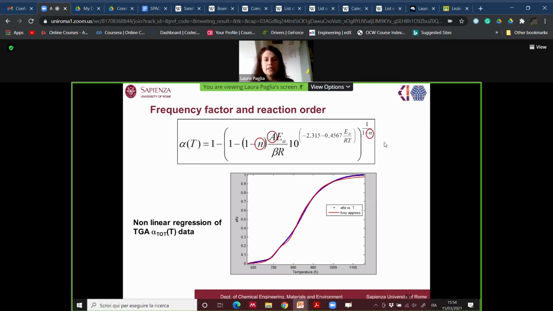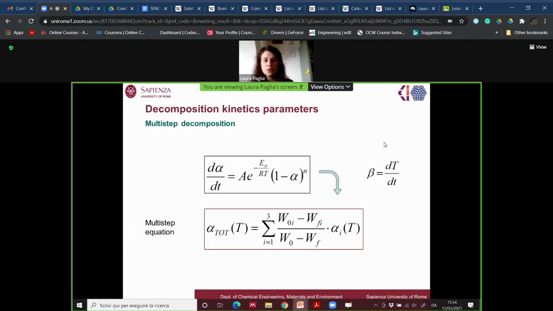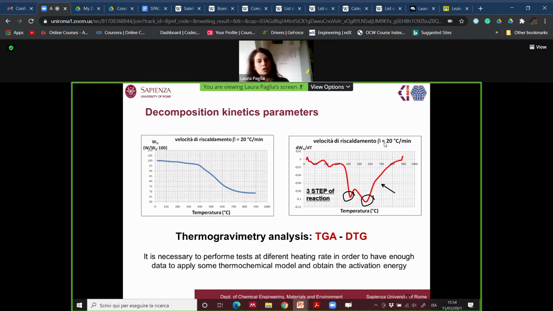Only one more thing about this, and then we will speak about something else, but always on ablative materials. We have to consider that when we have a DTG curve like this, we have three different peaks. These three different peaks are characterized by three different groups of thermochemical parameters.